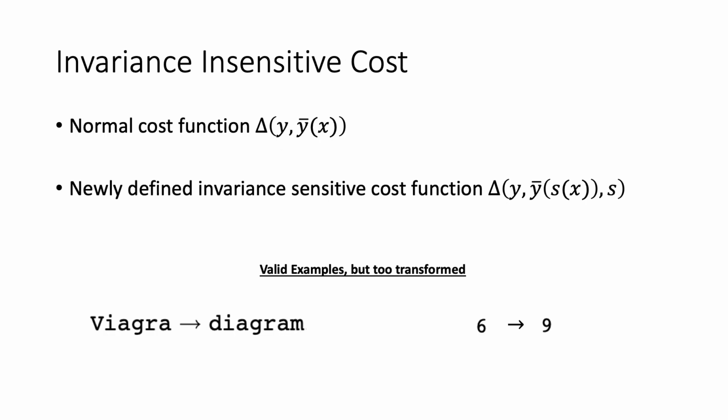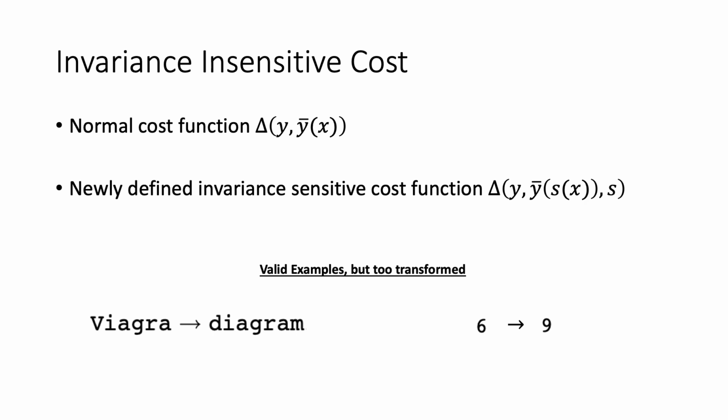So the second thing that we have to define is a special cost function. So our normal cost function in machine learning would be y and y bar. So it would take the true labels and the predicted labels and give us some values back. But for us, we actually want to have a cost function with y, our true label, our predicted label, on the actual transformed input.